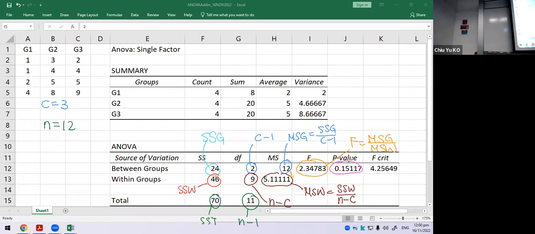Whenever you learn a software, you need to know the meaning of each output there. It's okay not to remember how it comes about, but at least know what it is. Otherwise you don't know what's going on. It's a black box. You need not know how the black box is run, but you need to understand what the black box gives you.